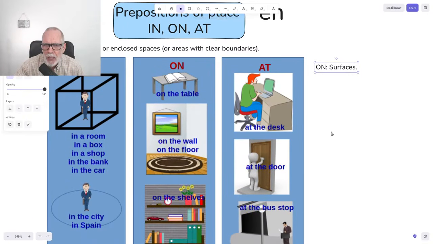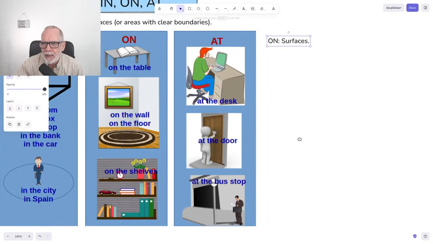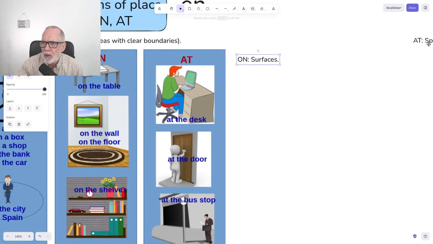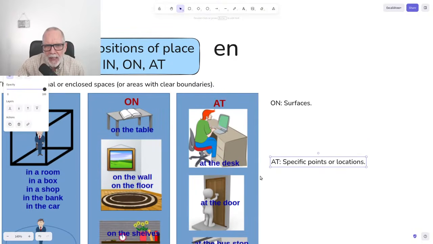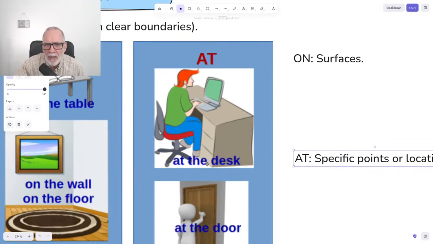Finalmente tenemos at, que es probablemente un poco más difícil de dar una regla clara, porque at se usa más para puntos específicos o lugares adentro de un espacio más grande. Aquí, por ejemplo, tenemos at the desk. This person is sitting at the desk.